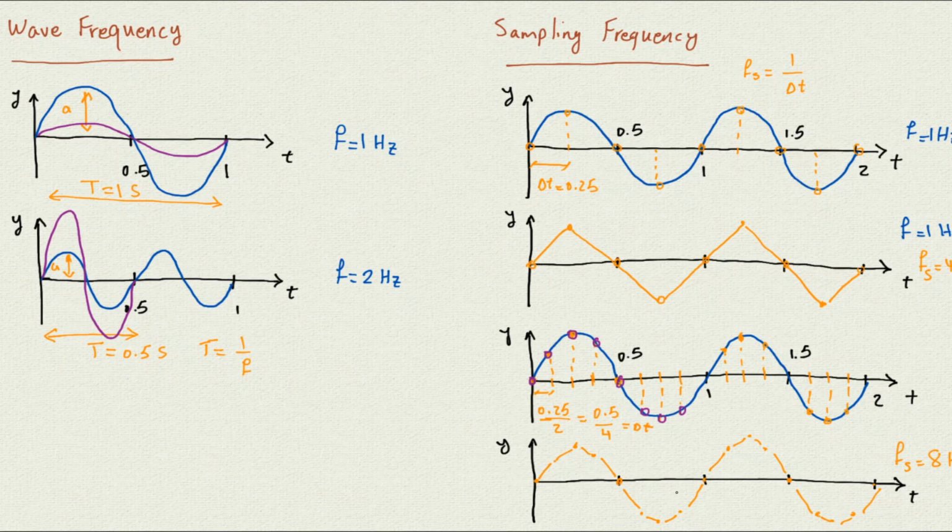Look at the wave frequency. The wave frequency again is not changing because we have 1 up and down in 1 second. So the wave frequency is still 1 Hz. It hasn't changed. The wave frequency is 1 Hz, but we measured 8 data points in 1 second.